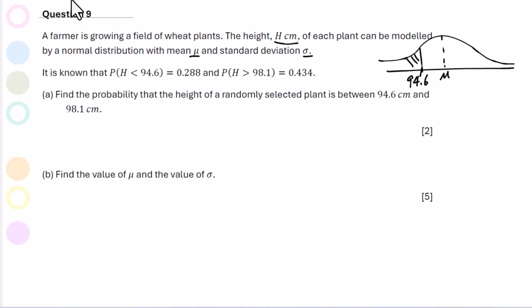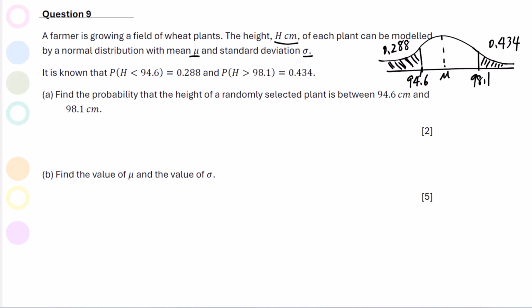We are given probability of h less than 94.6 is 0.288. Probability of h greater than 98.1 is 0.434.